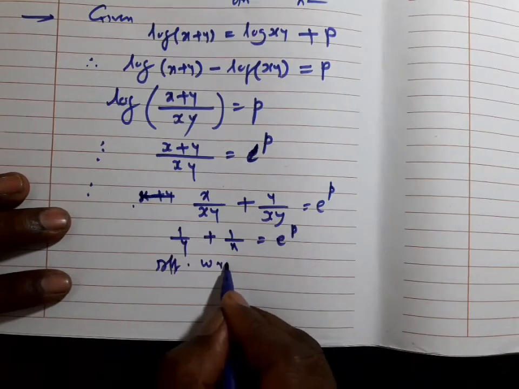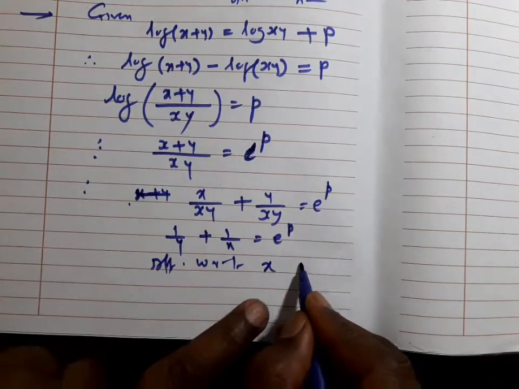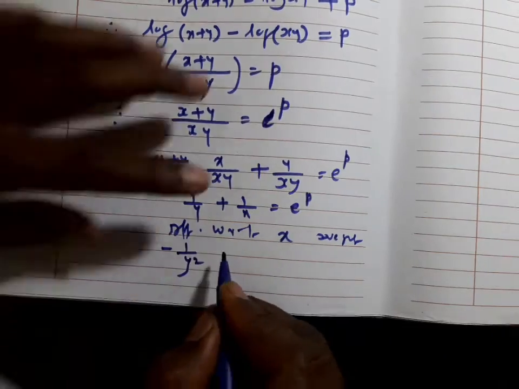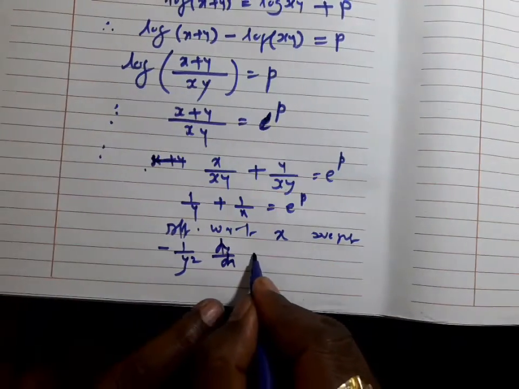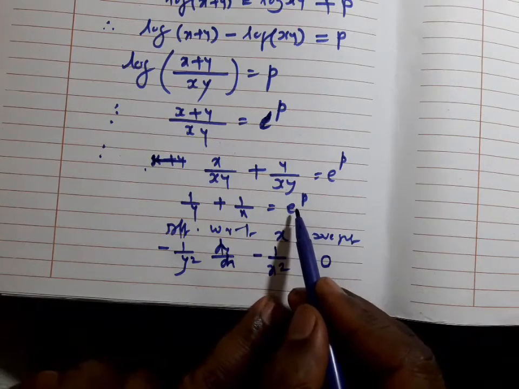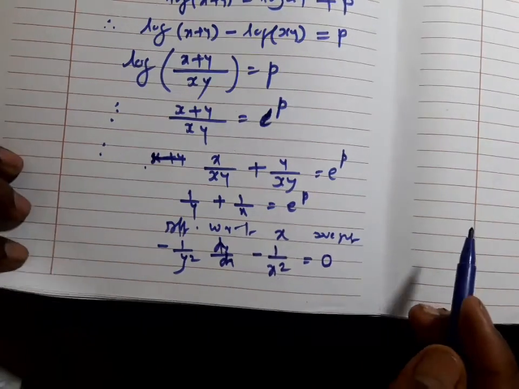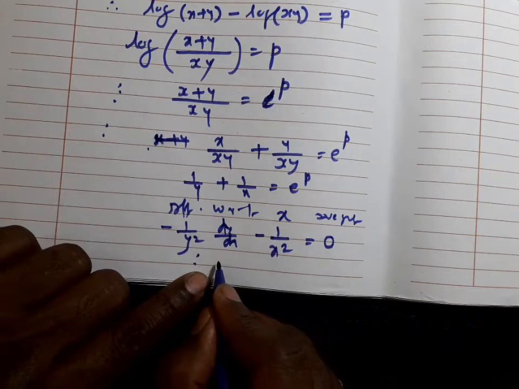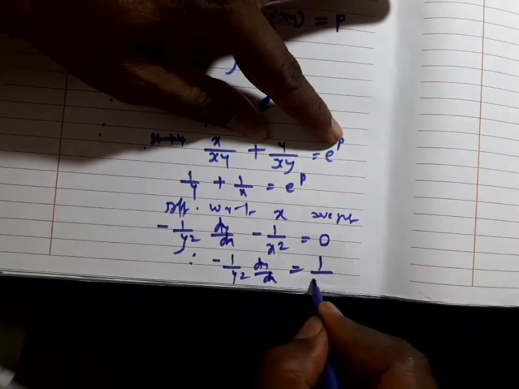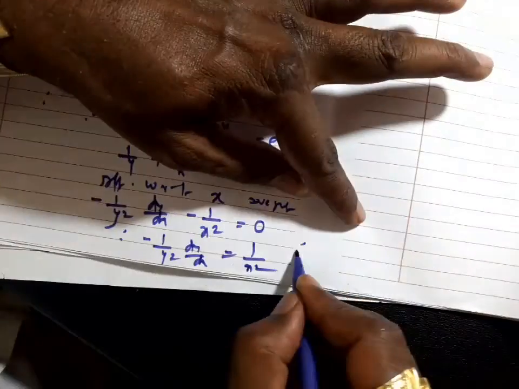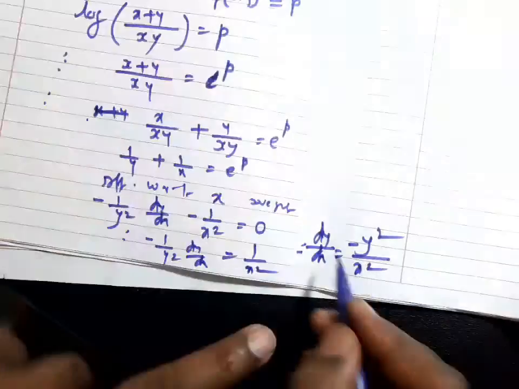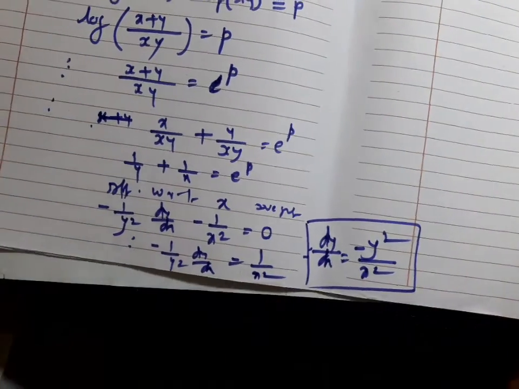Now differentiate with respect to x, we get minus 1 upon y square dy by dx minus 1 upon x square is equal to 0, because p is a constant, e raised to p is also constant, and therefore minus 1 upon y square dy by dx is equal to 1 upon x square, and finally dy by dx is minus y square upon x square, which is the required proof.